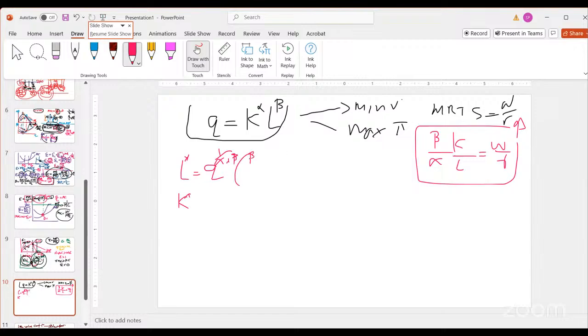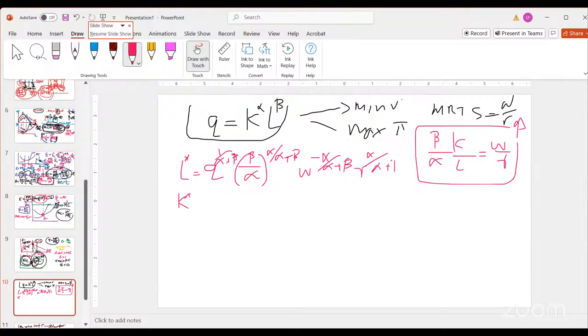Beta divided by alpha, power to the alpha divided by alpha plus beta, multiply W to the power minus alpha, beta R to the power alpha.